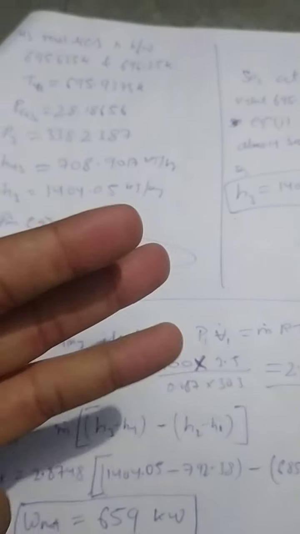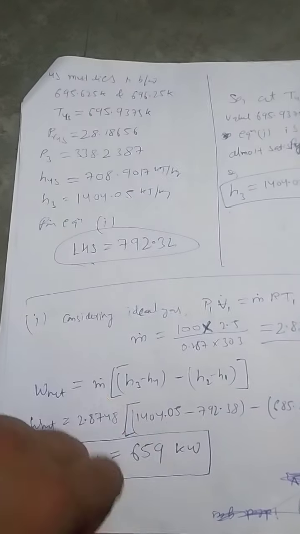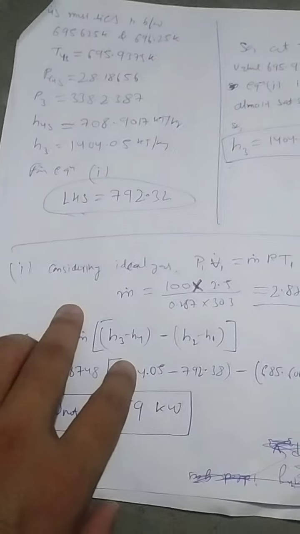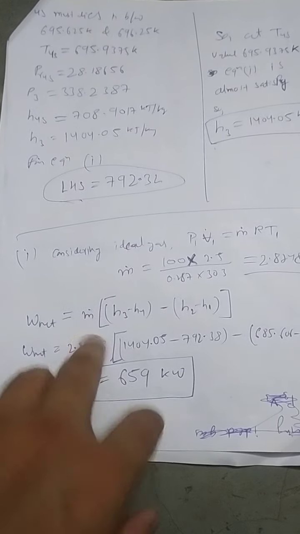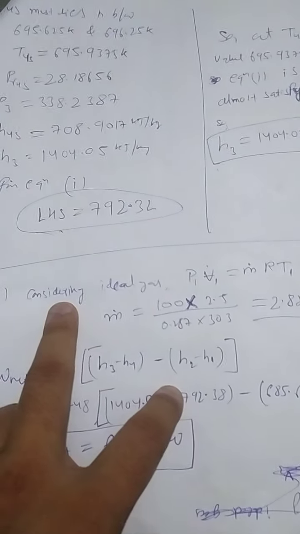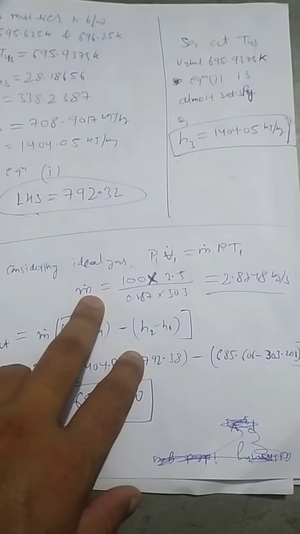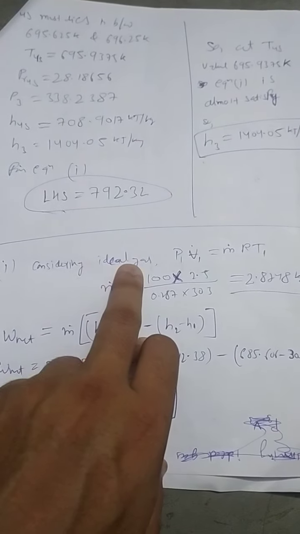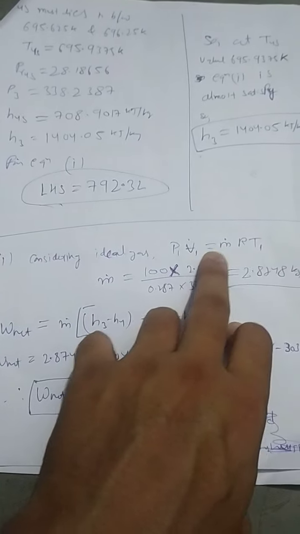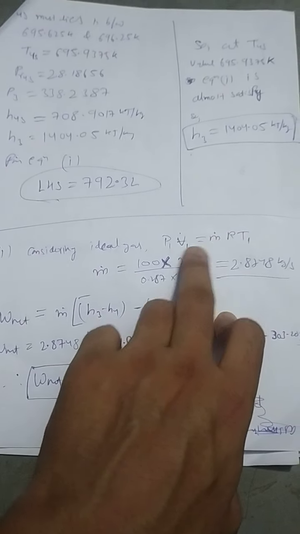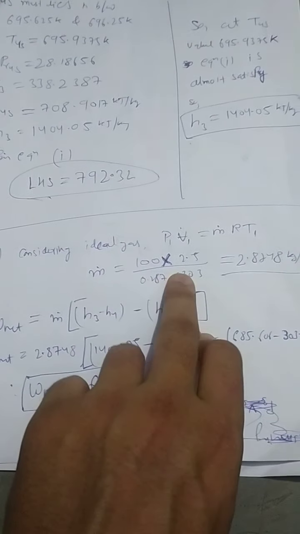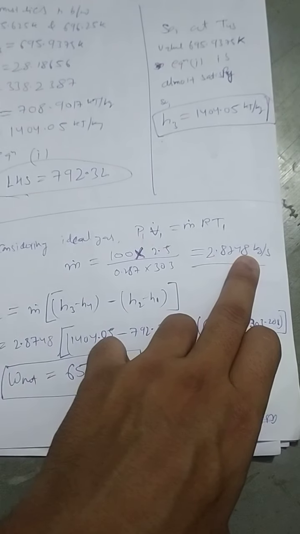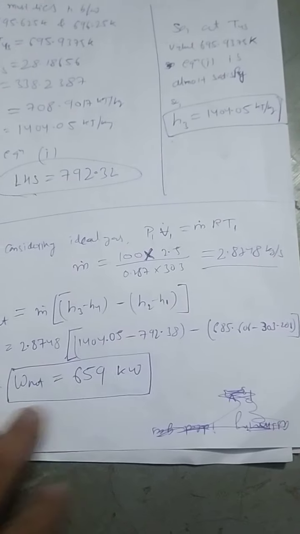Now we know all the enthalpies: H1, H2, H3 and H4 are known. Now we have to find the net work output or net power output. First we have to find the mass flow rate considering ideal gas. P1 V1 equals m R T1, where m is the mass flow rate and V is the volume flow rate. Putting in the known values, we get 2.8748 kg per second as the mass flow rate.